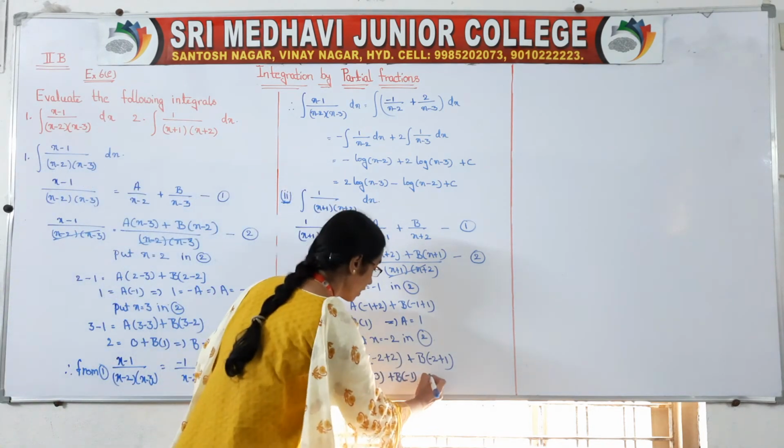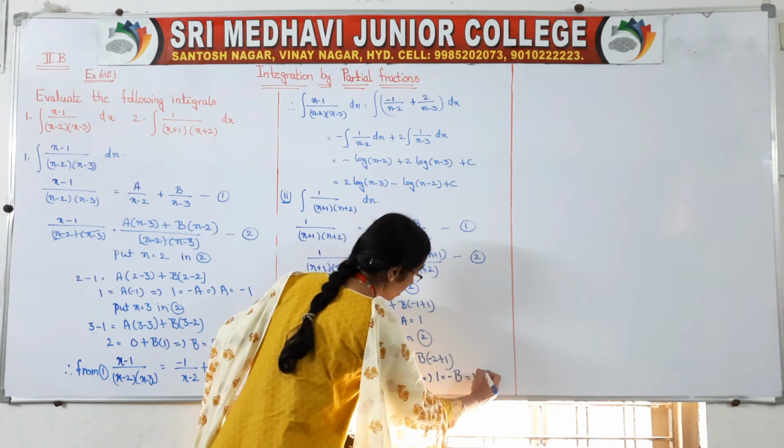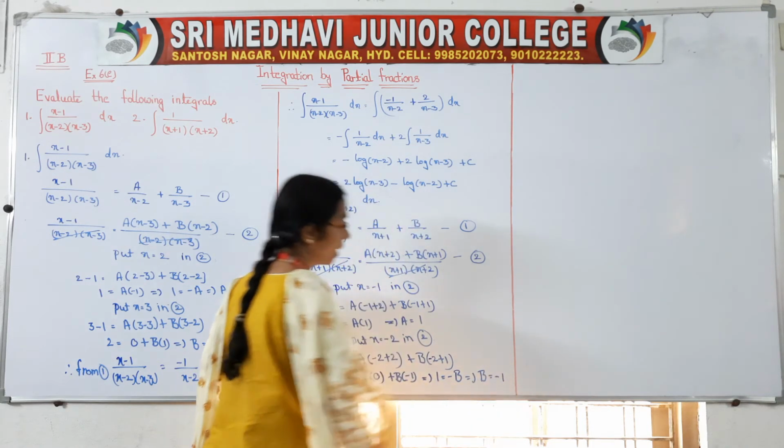So you are getting 1 is equal to minus b, which implies b is equal to minus 1.